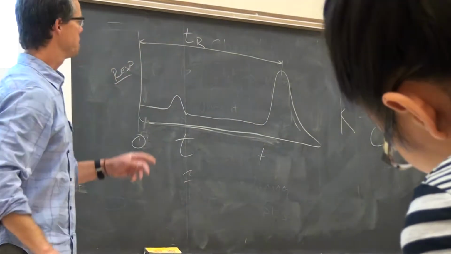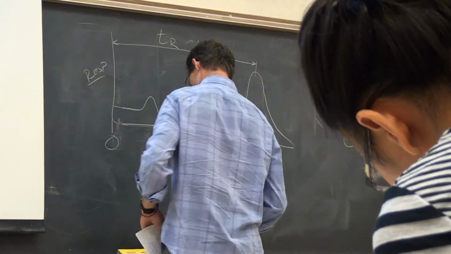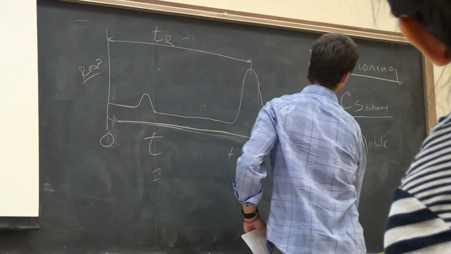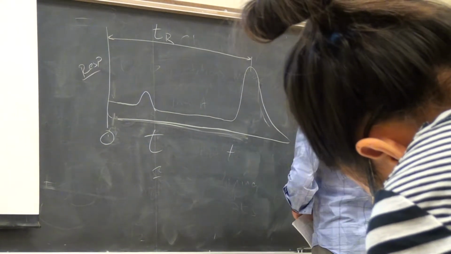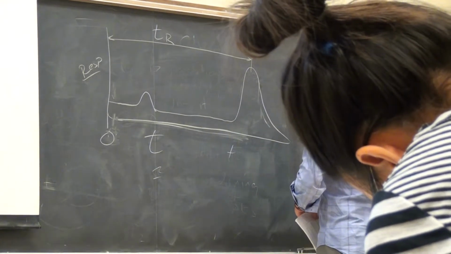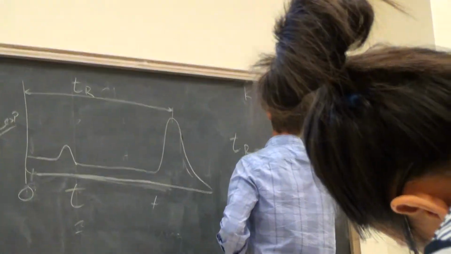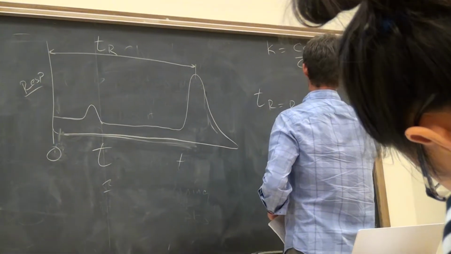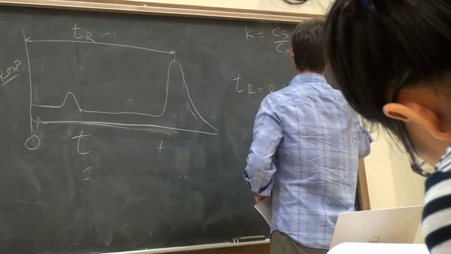Okay. And we typically refer to that time, from the time I inject to when my analyte comes out, as the retention time. tR reflects the retention time of your analyte.